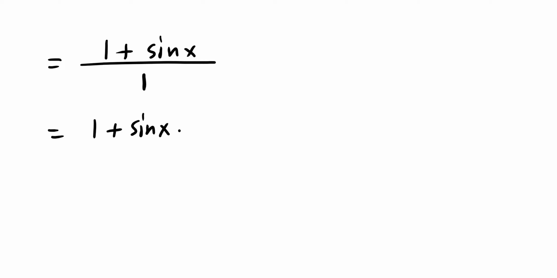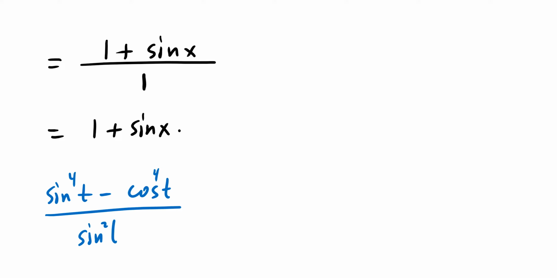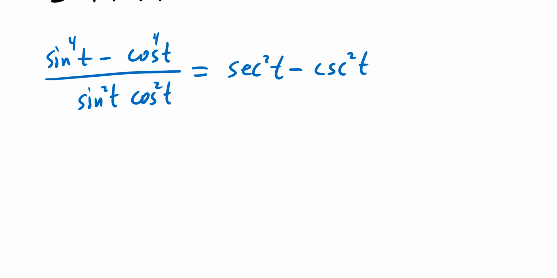Let's look at another example. Sine to the 4th t minus cosine to the 4th t over sine squared t cosine squared t equals secant squared t minus cosecant squared t. So the left hand side that I'm going to start with gives me more options to work with here.